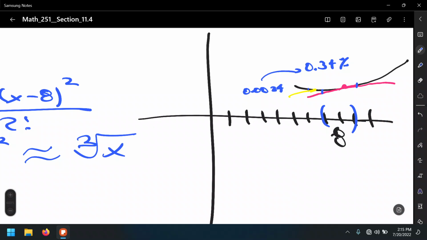So that's what I think summarizes everything about approximations using this polynomial series.